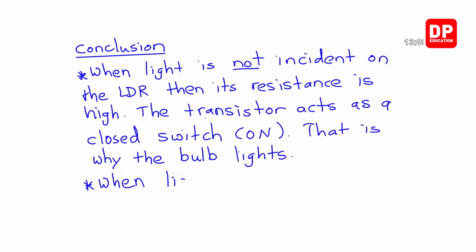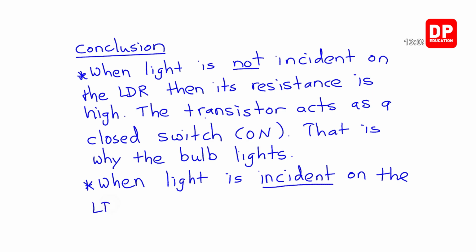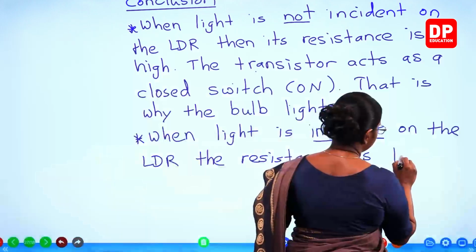When light is incident on the LDR, the resistance is low.